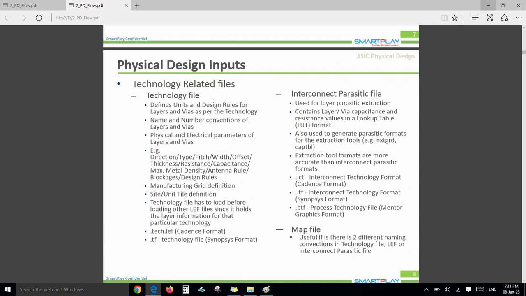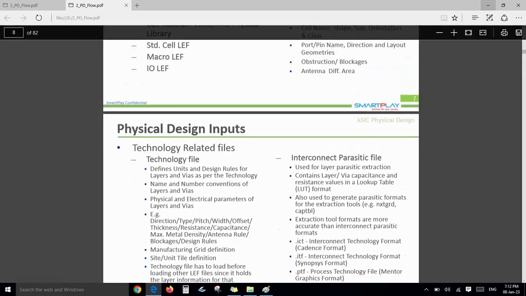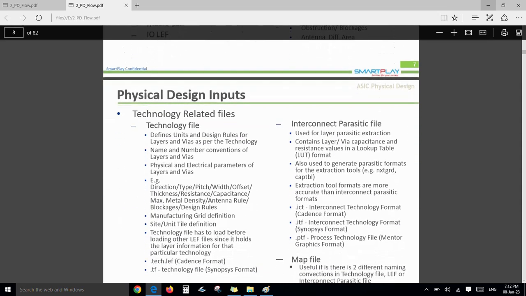So these are going to be changed from company to company. Then the two different naming conventions in the technology file, LEF or interconnect parasitic. So this map file is used to interconnect both files, this technology file and the LEF file. So this is the interconnect file.